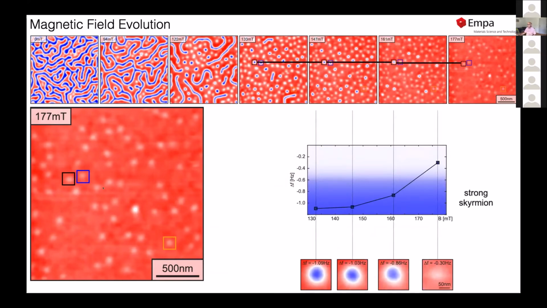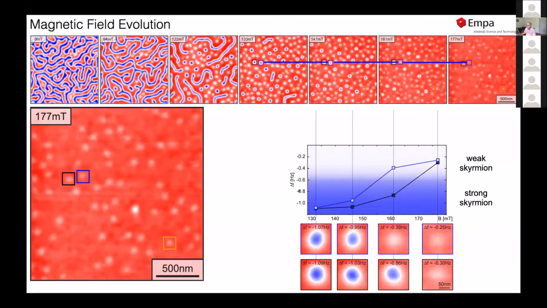So what we see here is a plot following this black skyrmion here. That is a strong skyrmion in low fields, and then eventually between 160 and about 180 millitesla, 177 millitesla, we have converted it into a weak skyrmion. Here is another example. That's the blue skyrmion here. That converts into a weak skyrmion at a little bit lower field, but there is a jump in intensity here.